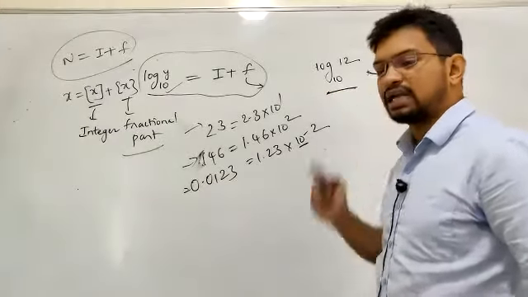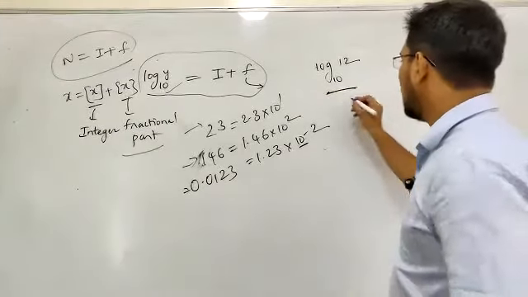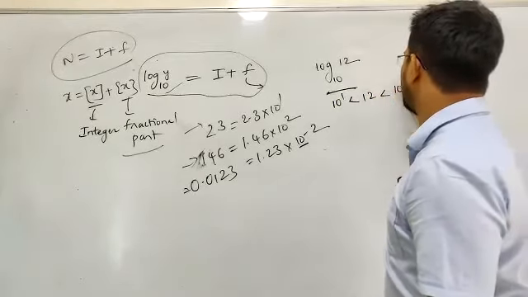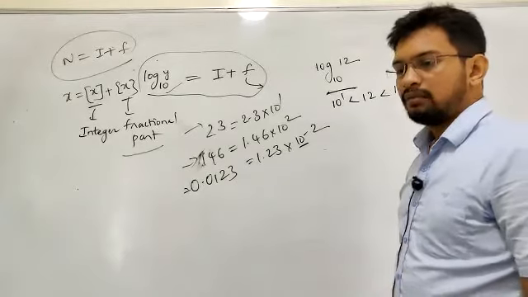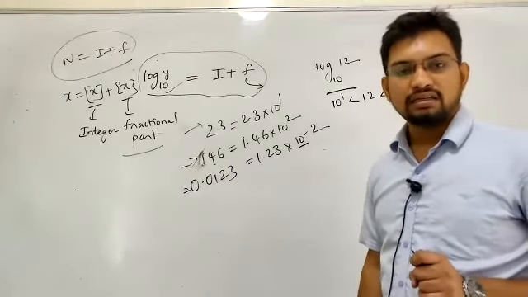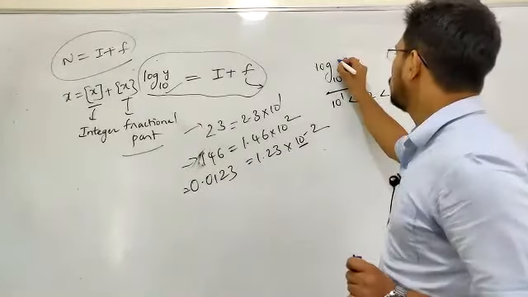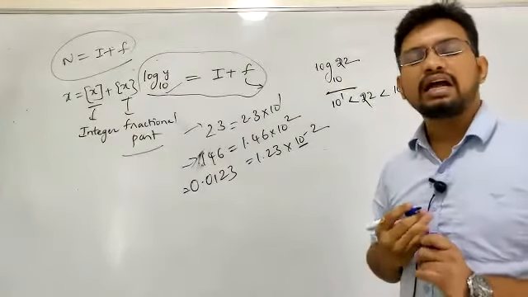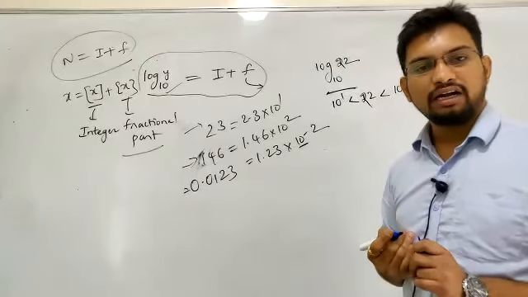I think we have already established some inequalities regarding this. I'll write 10 power 1 is less than 12 is less than 10 square, because 12 lies between 10 and 100. Let's say instead of 12, I'll make it 22. So 22 lies between 10 and 100.